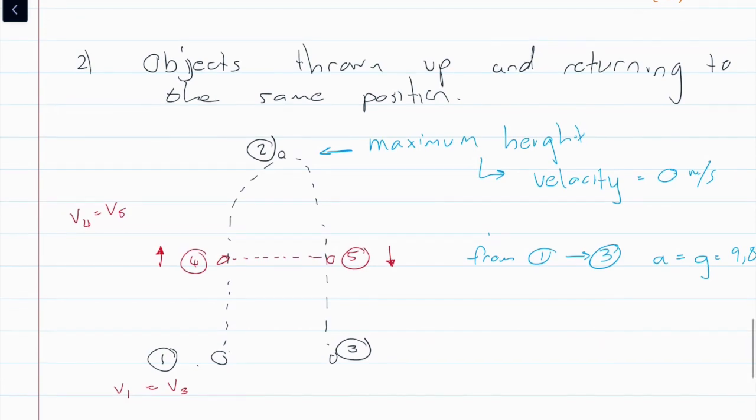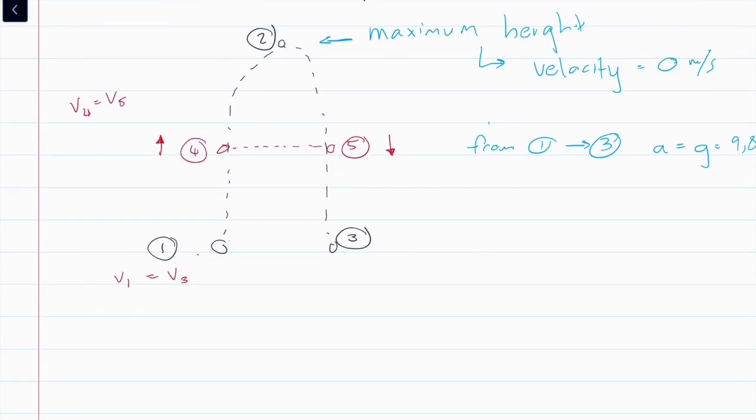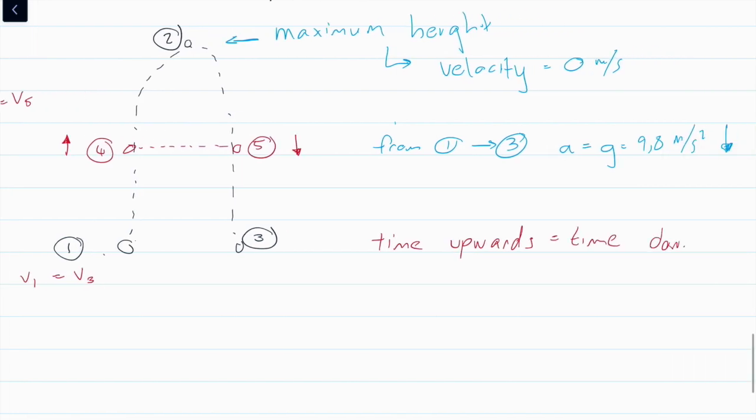And the last thing we can say is that the time upwards is equal to the time downwards. Basically, the time from 1 to 2 is equal to the time from 2 to 3.